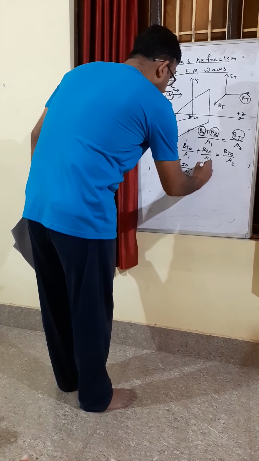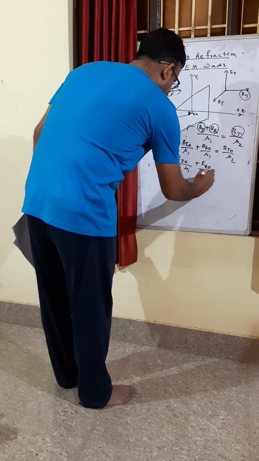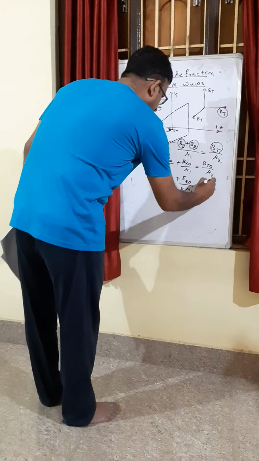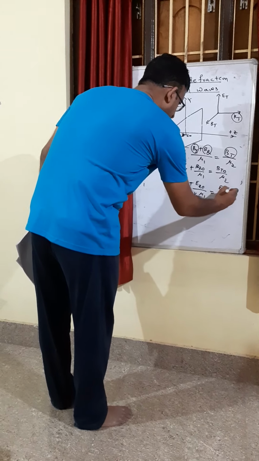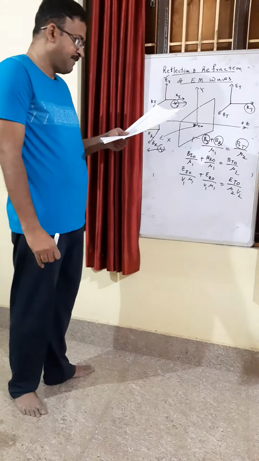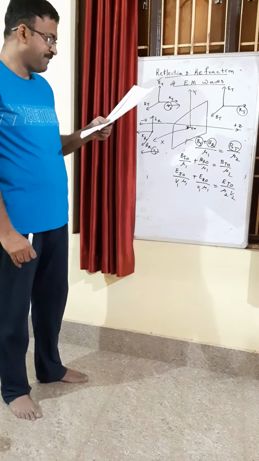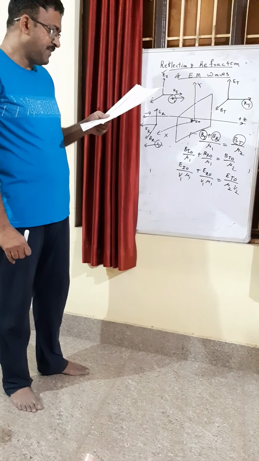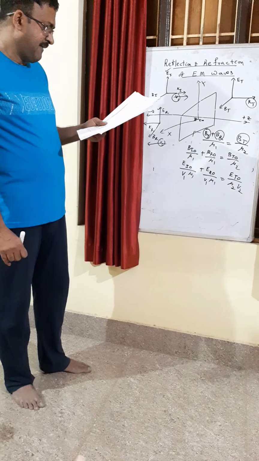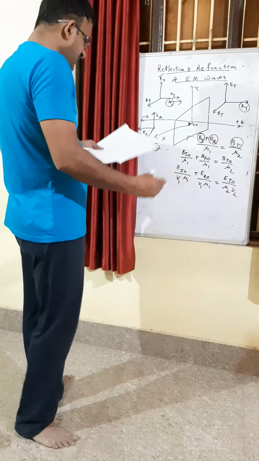Then here E by V1 mu1, and here E by V2 mu2, because in the second medium the velocity is V2. These are the equations you get.